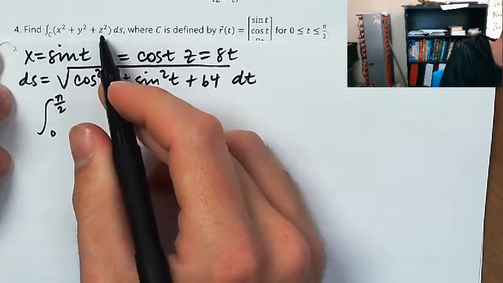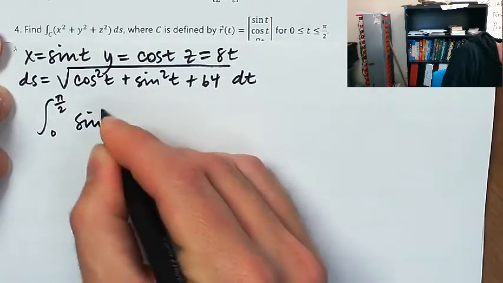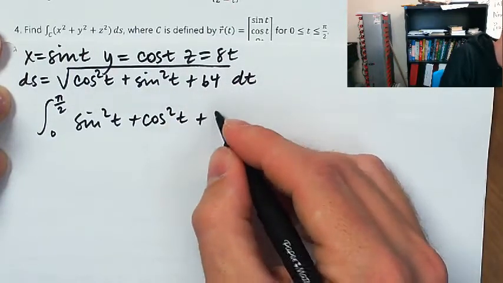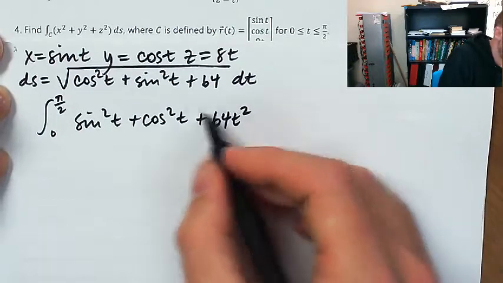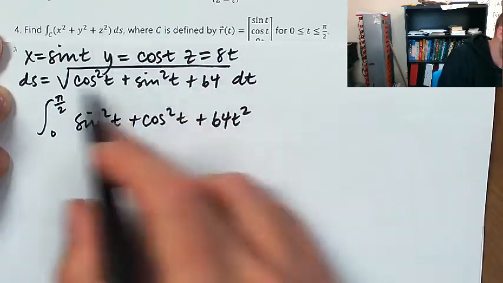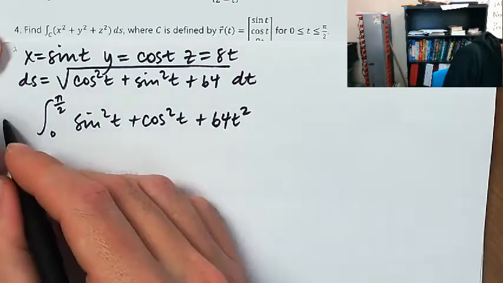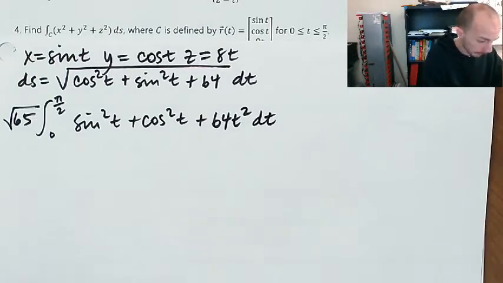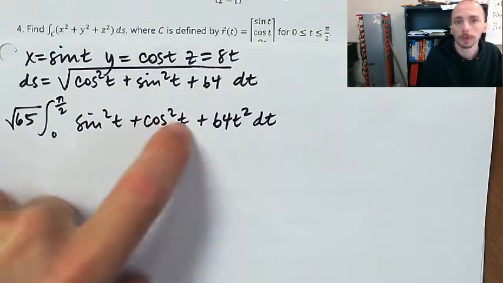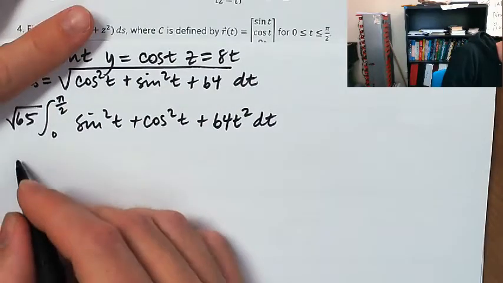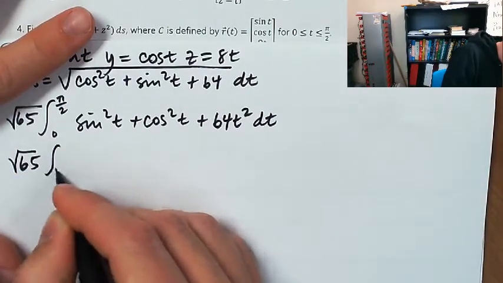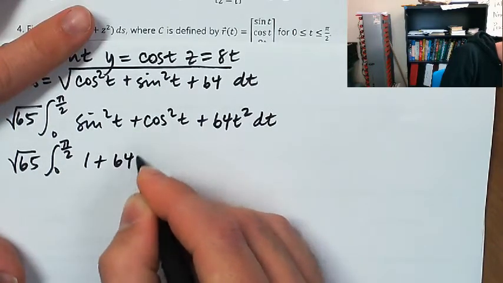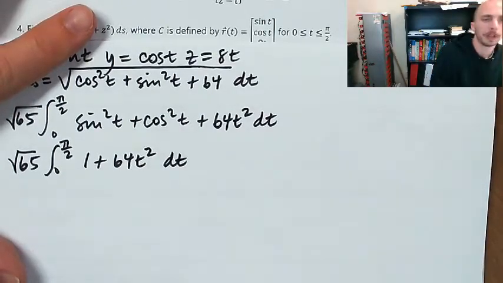Okay. x squared plus y squared plus z squared is going to be, if I square z, I'll get 64t squared. And then ds is square root of 65 dt. So this is going to be 1 plus 64t squared, squared, dt.